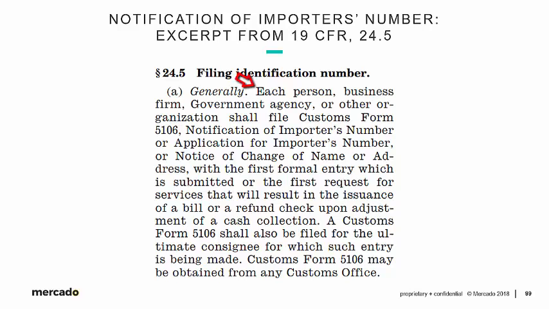Each person, business, firm, government agency, or other organization shall file Customs Form 5106, which is that notification of importer's number or application for importer's number or notice of change of name, of address, etc., with the first formal entry, which is submitted, or the first request for services that will result in the issuance of a bill or a refund check upon adjustment of a cash collection. Basically, 24.5 is the legal backup for the requirement of the importer to file Form 5106.